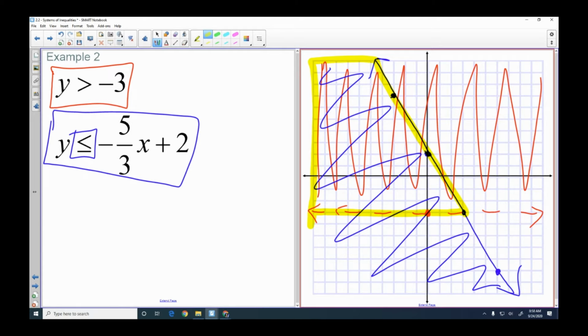How is the bottom problem going down? Like the shading? Yeah. So this is a less than symbol. Looks like an L, right? That's a less than. And so if I look at, let me use a different color, this is that line. And so you're asking, how do I know where to shade, which part? Less than means down, below.